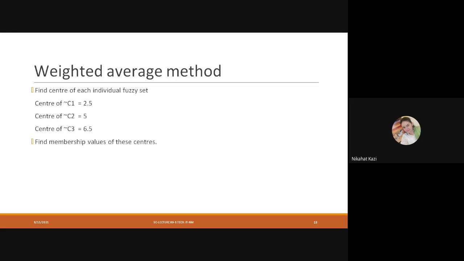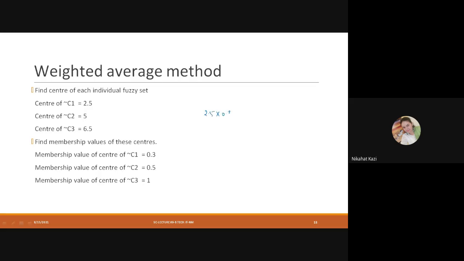What are the centers? Multiply with the corresponding membership values at those centers. Okay. 2.5 into 0.3, I mean, consider these individually. You're getting it, na? Weighted average.